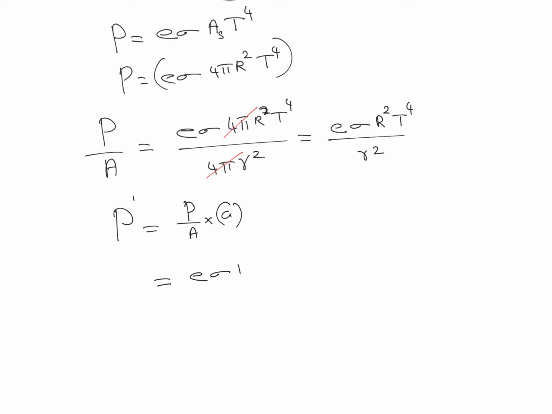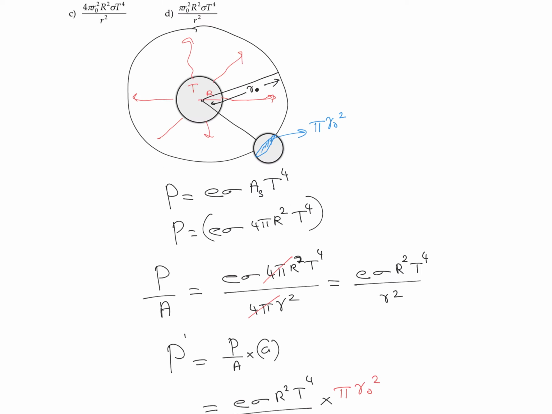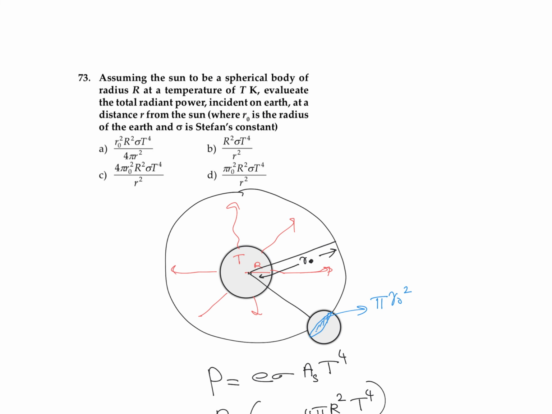So we get E sigma into r square into the temperature of the sun raised to 4 divided by small r square, into the cross-sectional area of Earth where it is going to hit, which is pi r0 square. This will give the power hitting Earth's surface per second. So according to the question, option D will be the answer.